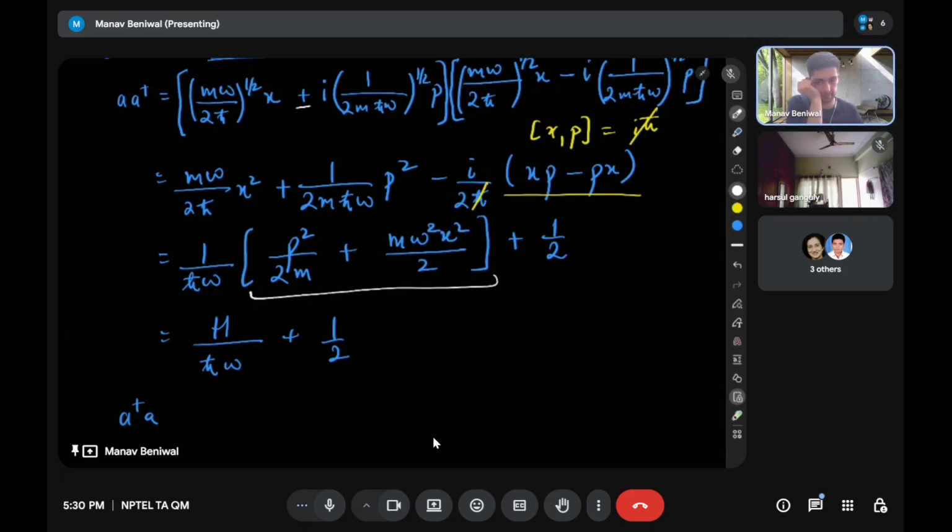Instead of minus this will be plus, and this will become minus, so these two terms remain the same, and the cross terms will become minus xp and plus px.